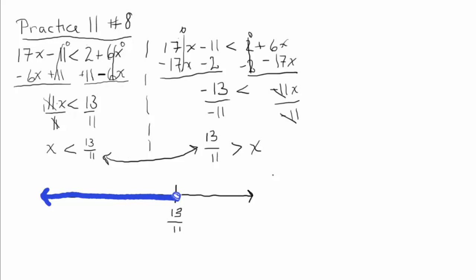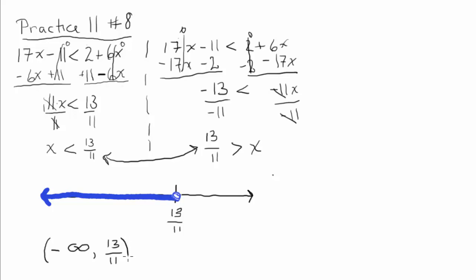And once you have it graphed on the number line, it's really easy to turn it into interval notation. Because I look, what's happening on the left? Well, it's going on forever on the left. It's getting infinitely small. So our left endpoint is negative infinity. And our right endpoint, where it ends on the right, is 13 over 11.